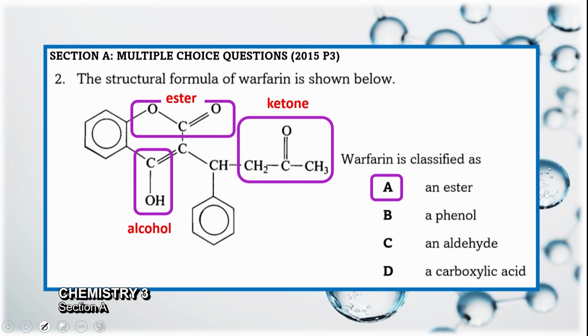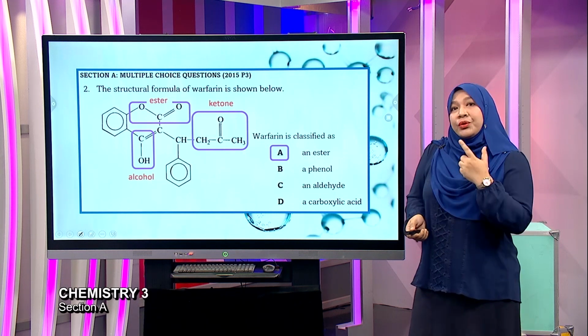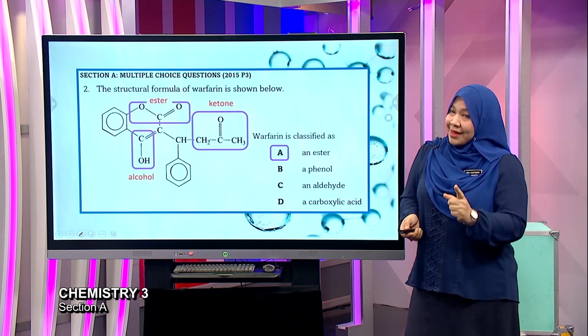Warfarin is classified as... so students, in order for you to answer this type of question, you have to analyze the structural formula of warfarin, and then once you analyze it, you can identify there are actually 3 homologous series present in warfarin, which are ester, alcohol, and ketone. So that's why the answer goes to A, ester, because the other options don't have the other 2. So we only have 1 ester, that is the answer.